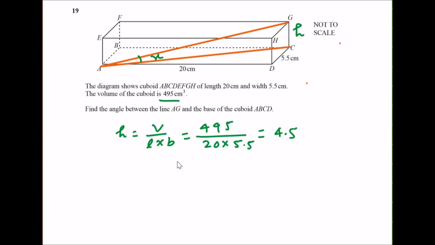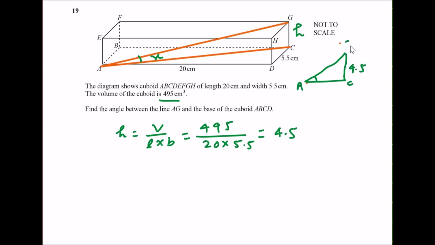Okay. Now we need one more side. What we can do? We can calculate AC. So let me show you a separate diagram for that triangle. This angle we have to find out. This we calculated, that is just 4.5.